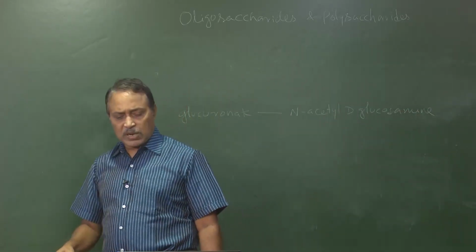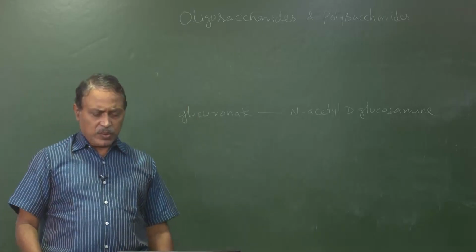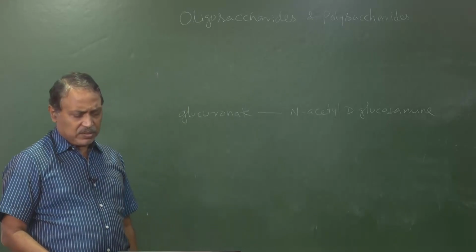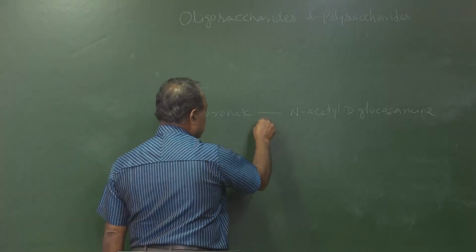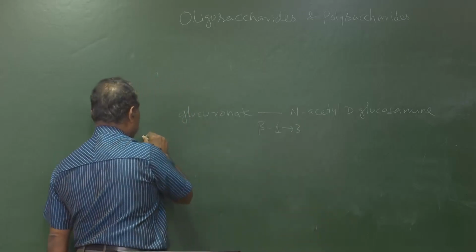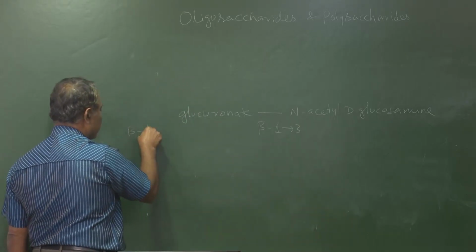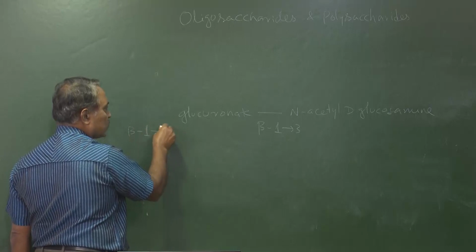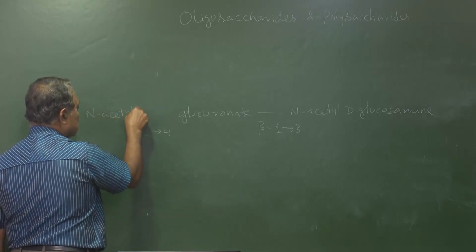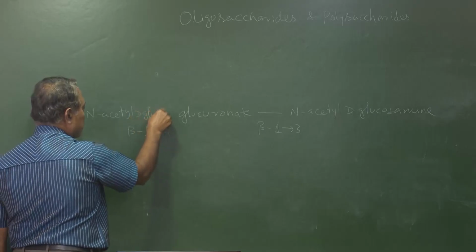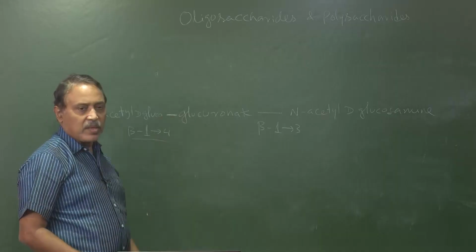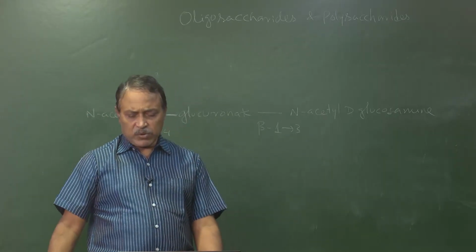There is no structural complexity at all here. Only one thing is that here the linkage is beta 1,3 and the other one is beta 1,4. So when we have another N-acetyl glucosamine, this linkage is beta 1,4. So this is the hyaluronic acid.